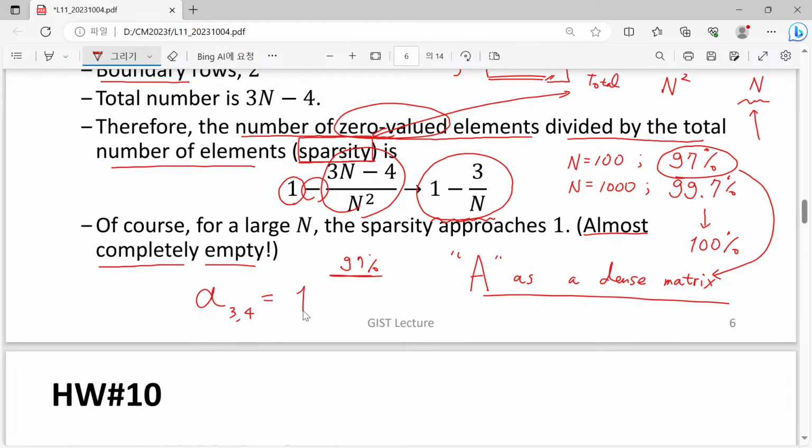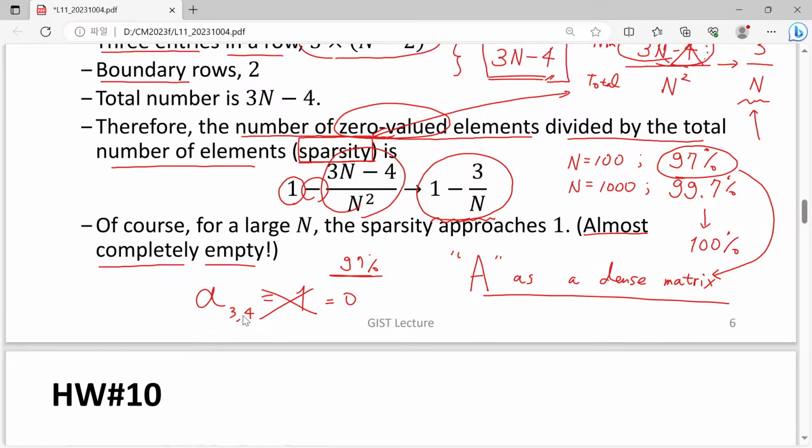So for a given certain number, 8, 3, 4, we wanted to specify it. Maybe this is 1, but actually it becomes 0. Now we are wasting one double precision number. Then next question, 3, 5. Is it 1? We wanted to say that 0. Is this non-zero? No, this is also 0. Of course, sorry about my 3, 4. Of course, 3, 4, in this case, that is non-zero.